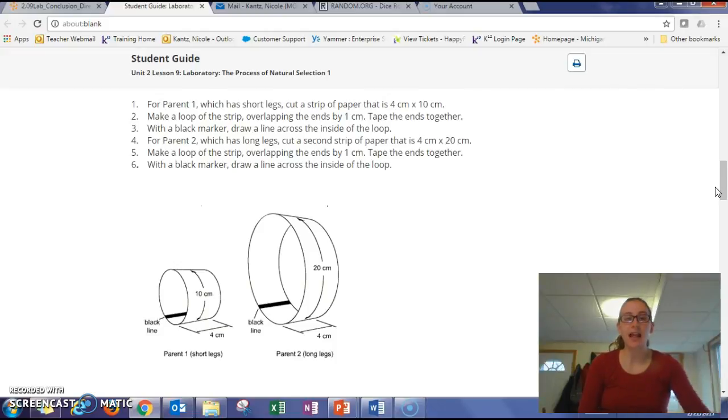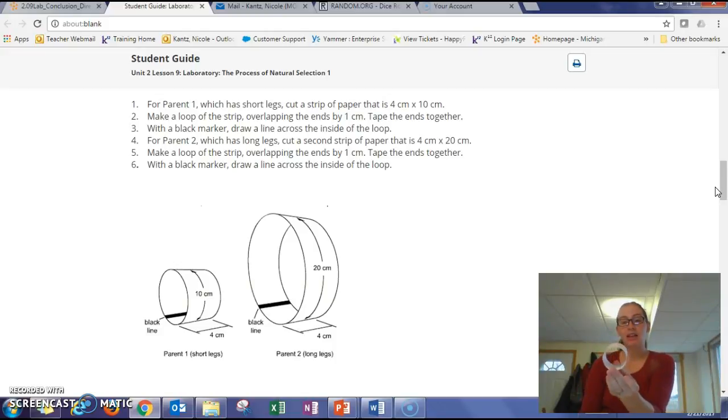And then for the second one, you're going to cut the strip of paper 4 centimeters by 20 centimeters. So 4 centimeters in width, 20 centimeters in length. Same thing. You're going to fold it over and tape it. And then for this one, I figured, hey, how about I use that line?